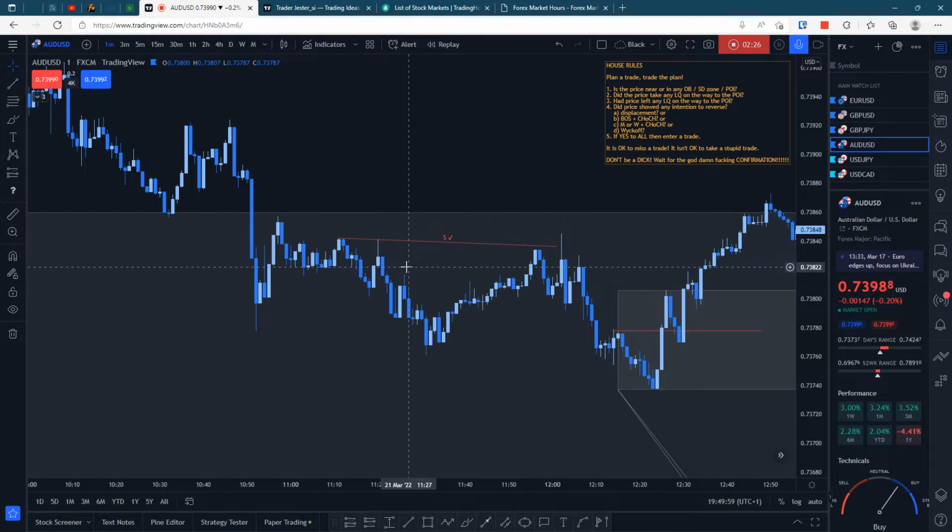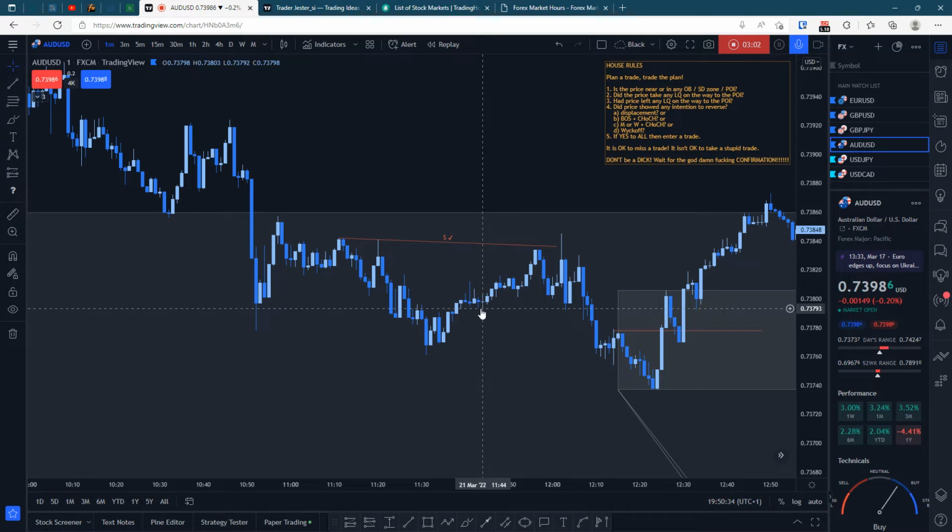If you follow the price with my cursor, we had lower high, lower low, lower high, lower low, lower high, lower low, then not making a lower low, breaking the lower high here and tapping into this zone.